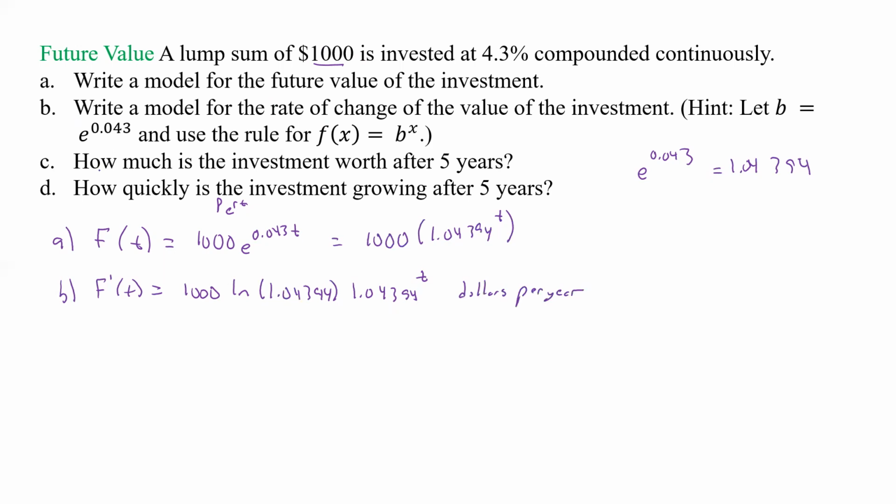Now, how much is the investment worth after 5 years? So f prime of 5 equals 1000 ln of e to the 0.043, times e to the 0.043 times 5. And then that should give me the value there.